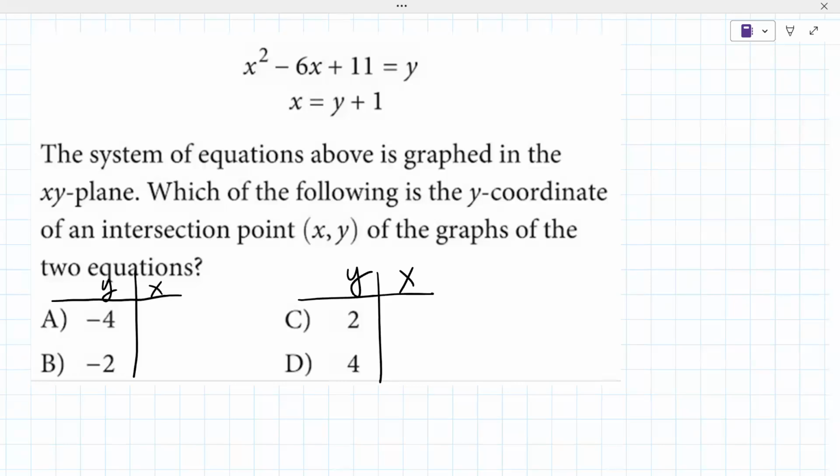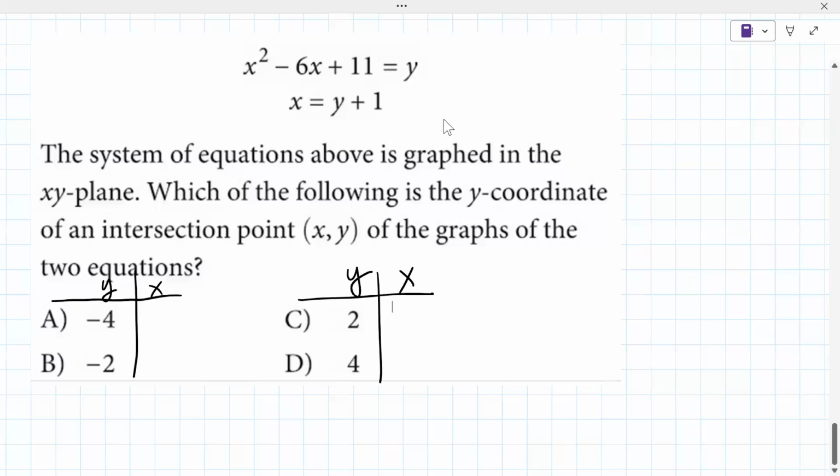Okay, have you found any of the X values for this table? Are A and B 3 and 4? The X value here for A?